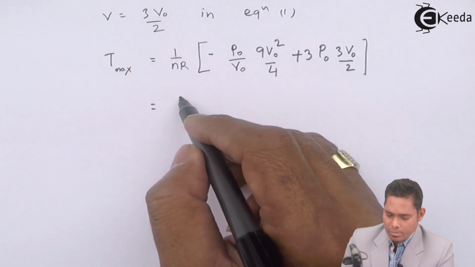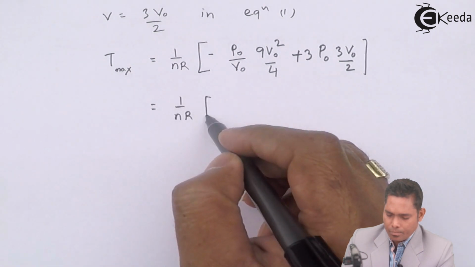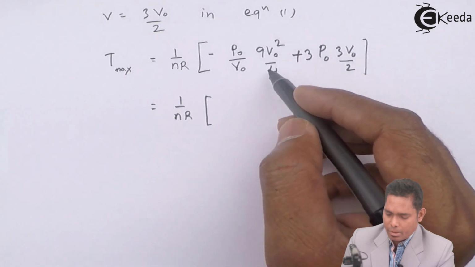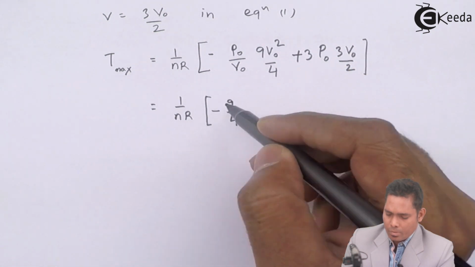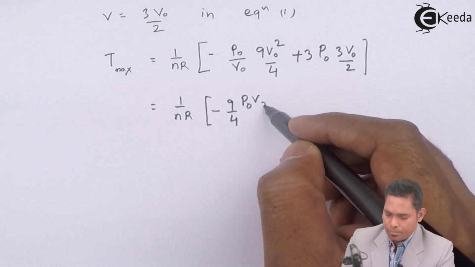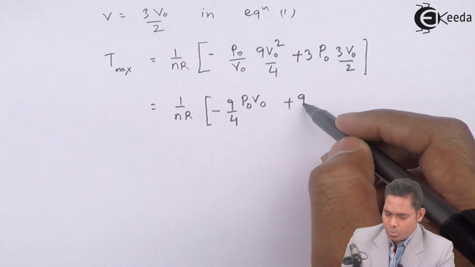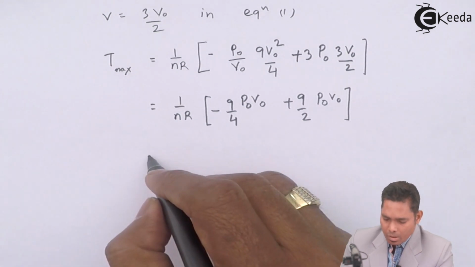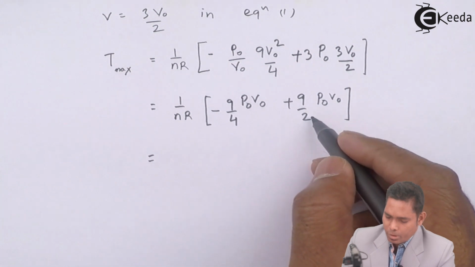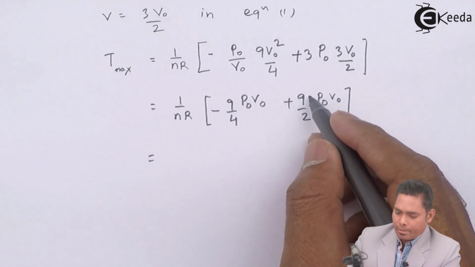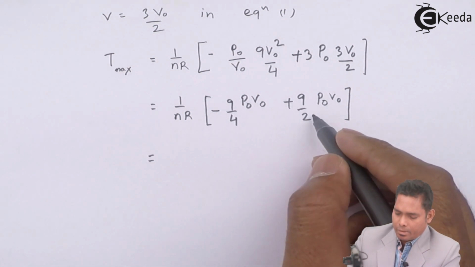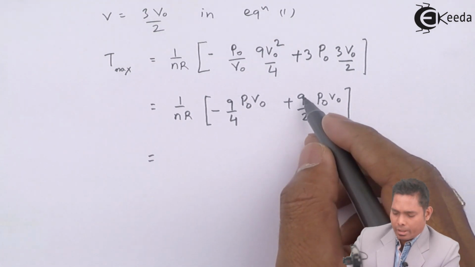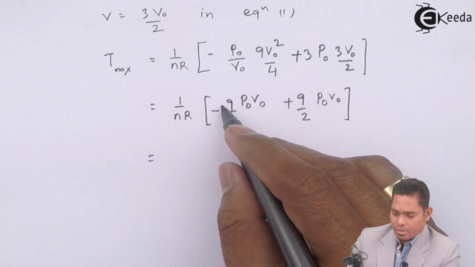If I solve this, it is 1 upon nR. V naught cancels, so it is minus 9 by 4 P naught V naught plus 9 by 2 P naught V naught. Taking LCM 4, 2 multiplying here gives 18, and 18 minus 9 is 9.